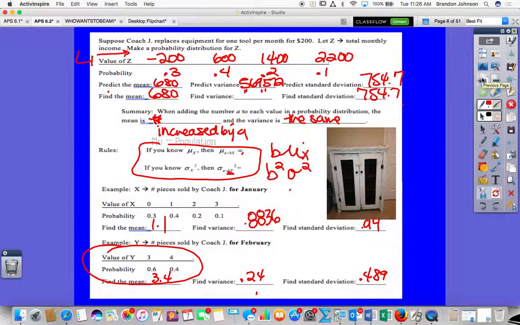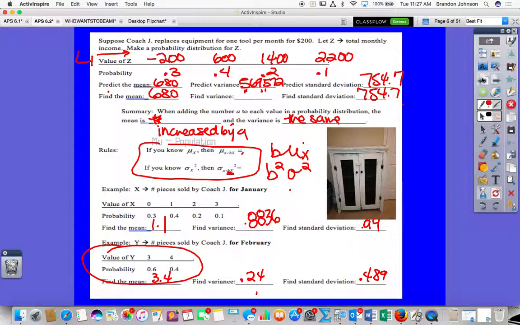What are the possibilities? 0, 1, 2, 3 versus 3 and 4. So 0 plus 3 is 3. 1 plus 3 is 4. So I could have 3, 4, 2 plus 3 is 5, 3 plus 3 is 6. It could be anywhere from 3 to 4 plus 3, which is 7.